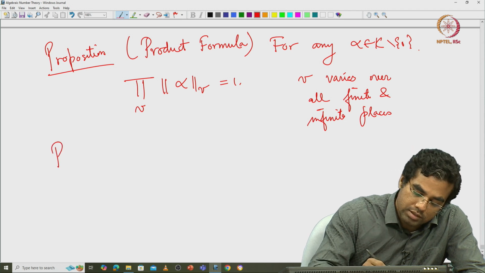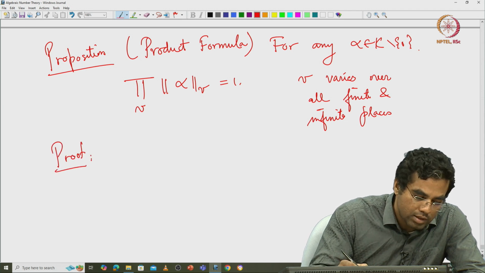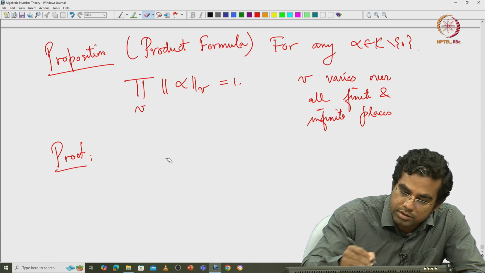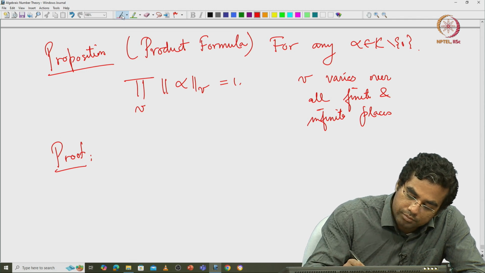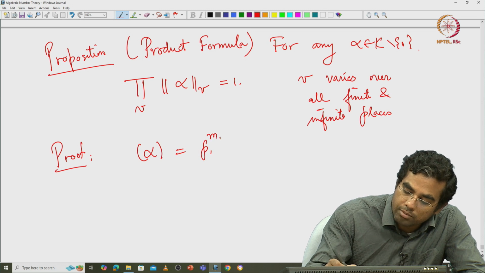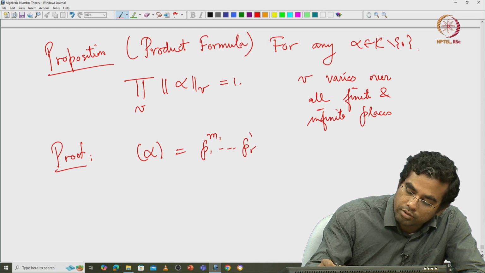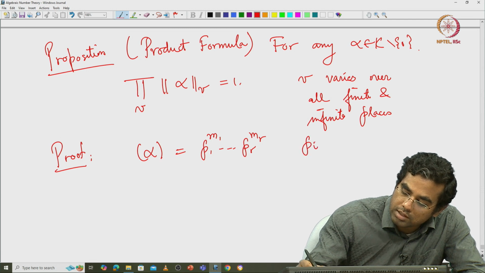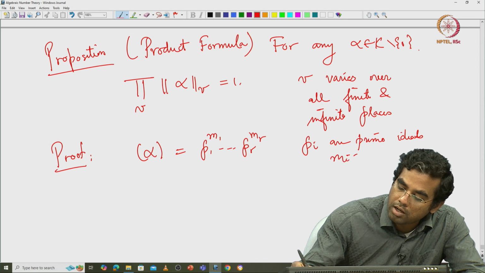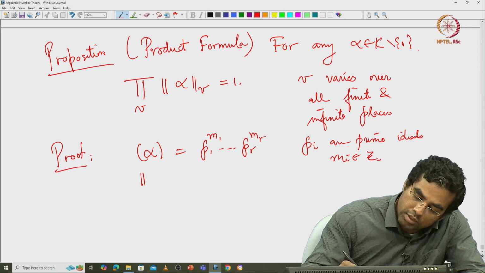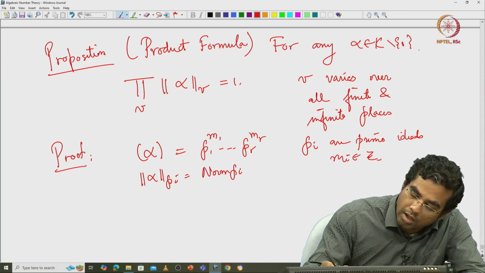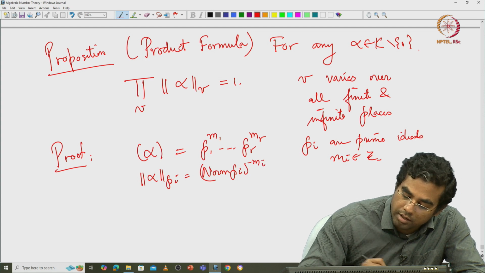but almost all but finitely many terms in here are 0. And the proof is really very easy. If I take norm, okay, maybe I'll give a few more steps. If I take alpha to be P1 to the M1 and so on, PR to the MR, where the Pi are prime ideals and the Mi are integers, then the valuation of alpha with respect to Pi is norm of Pi to the minus Mi.